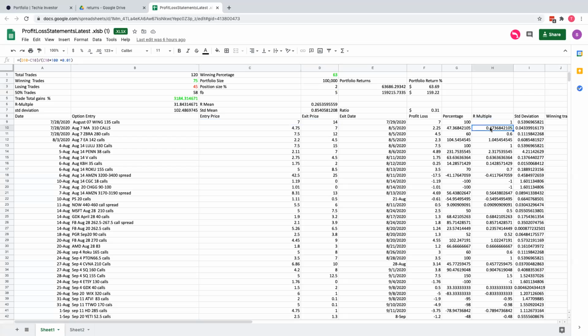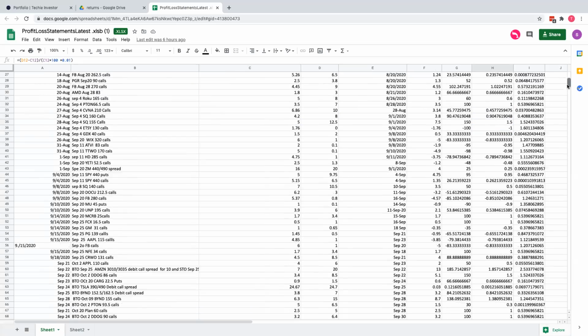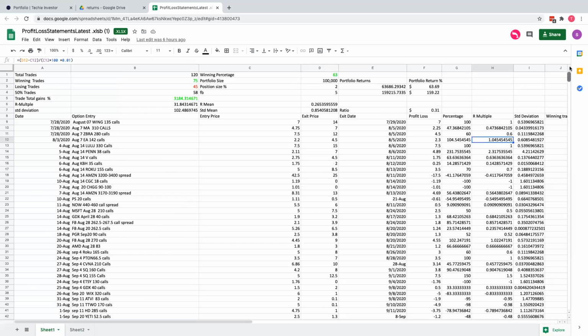Here you see I became low, high, and all those things. So when I add up all these for the 120 trades that we did from August until now, it came up to 31.84. Now, the mean of this is 0.26, right?